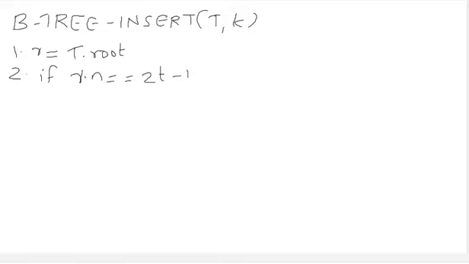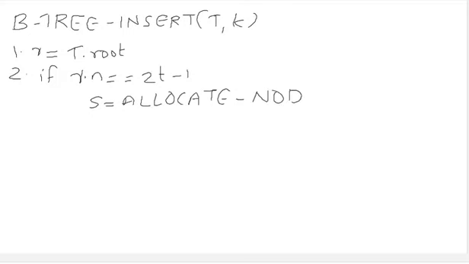How can we split a root node? We first create an empty root node and then call split child on this empty root node. So we first allocate a node for this root. Allocate node will reserve one disk page.